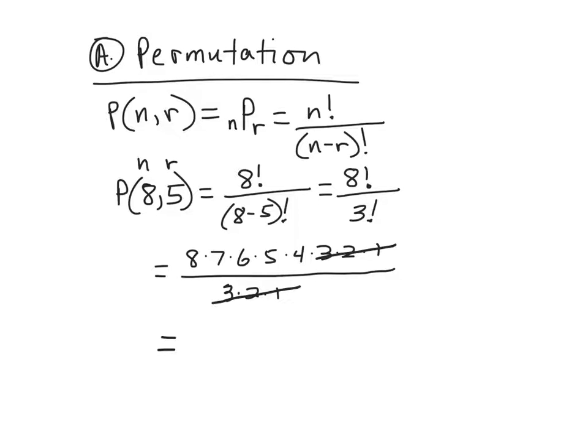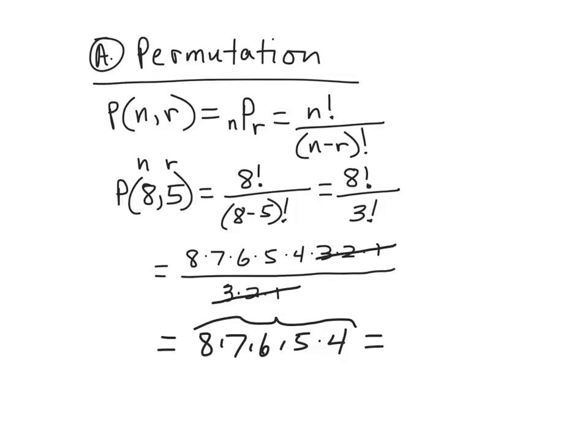And a permutation of 8 things taken 5 at a time is going to end up being 8 times 7 times 6 times 5 times 4. In other words, it's the first 5 factors of 8 factorial, isn't it? That's what it ends up being at the end of the day.